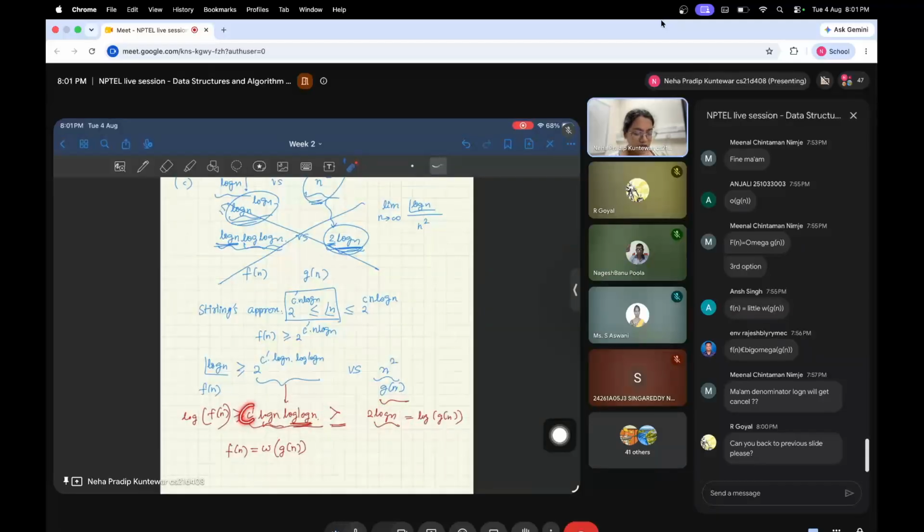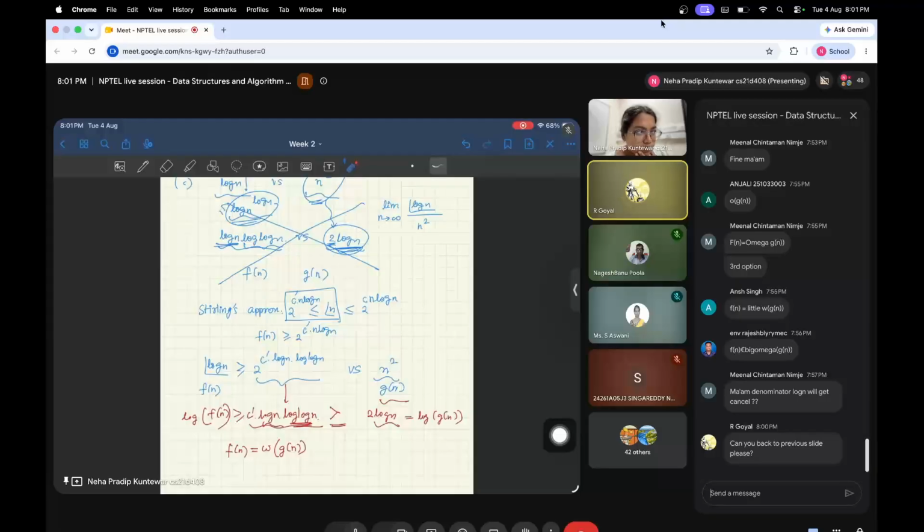There is some constant c for which, when n is large enough, after a certain point n0, this quantity will always supersede this quantity.